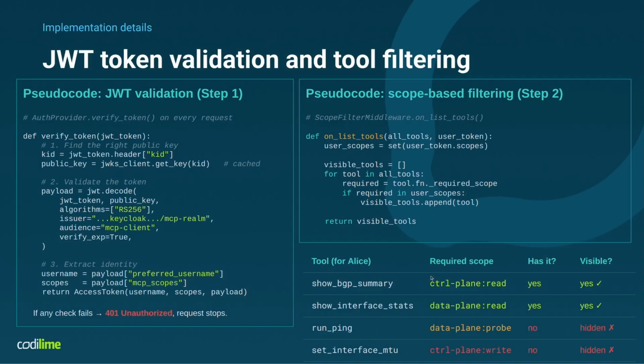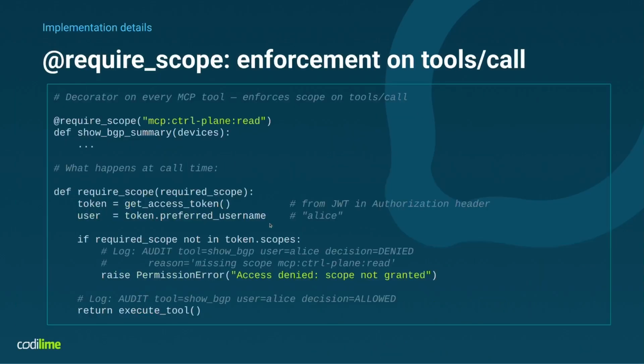So for Alice, only the read tools are visible, and the rest of the prop and write tools are hidden. And the second point, as I mentioned, we do the check using the decorator require scope with the proper MCP scope. During the execution of a particular tool, we get this access token, the preferred username just for logging.